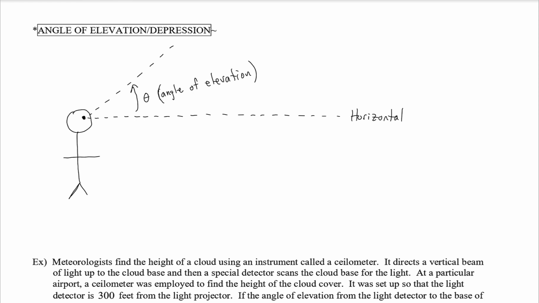Well, if you look downward, I'm going to call that alpha just to use a different variable than theta. This is called an angle of depression. So if you look downward from horizontal, angle of depression; upward from horizontal, angle of elevation.